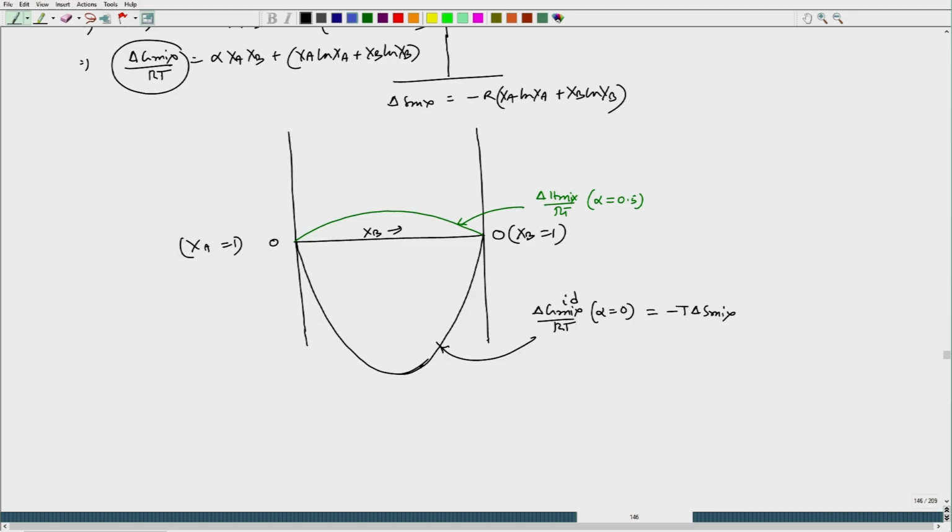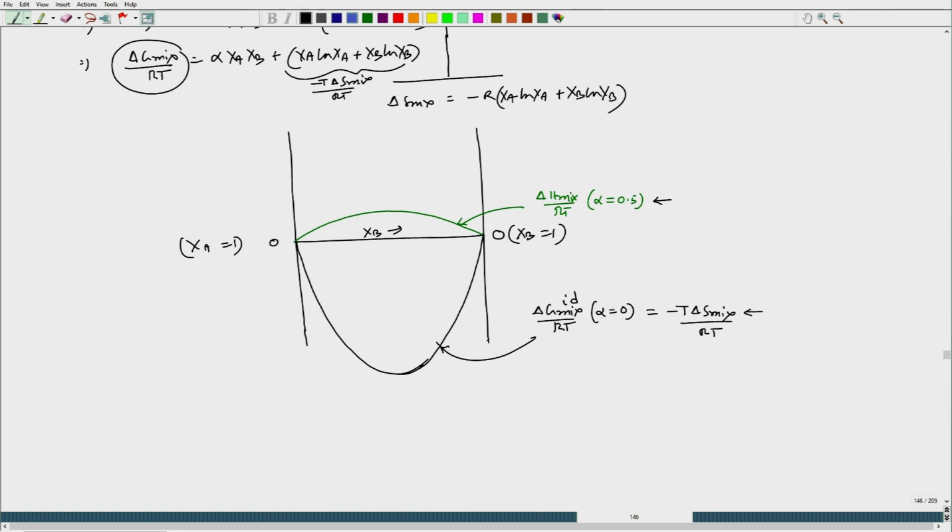So, when we look at the delta Gmix value when alpha equal to plus 0.5, it is nothing but the combination of this quantity and this quantity, because this quantity is also divided by RT. So, this is nothing but minus T del Smix by RT. Okay.